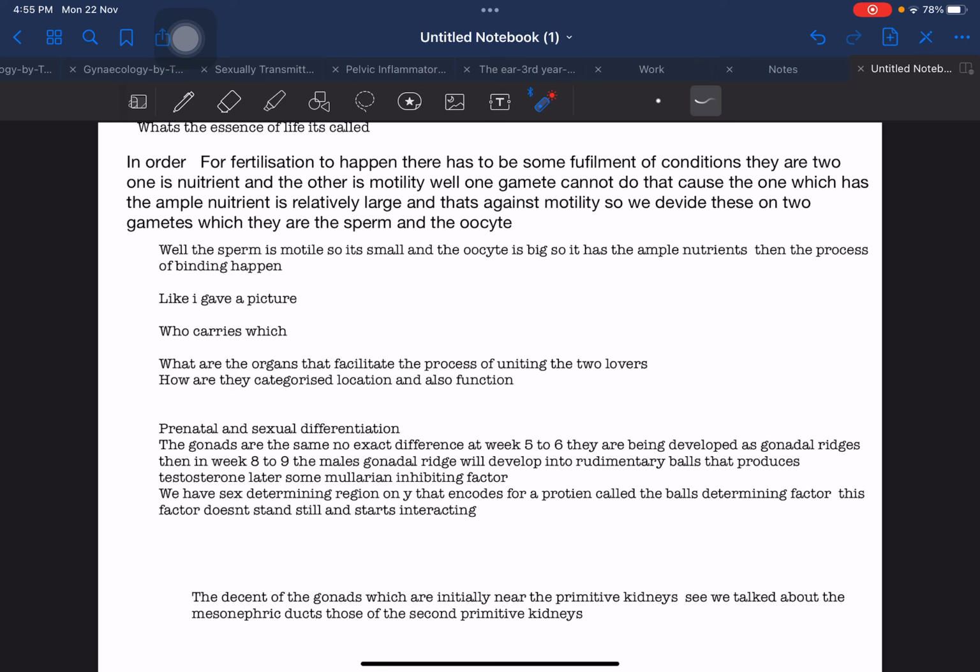This Mullerian inhibiting factor leads to the degeneration of the Mullerian duct. So, hell no, no formation of female genitalia in my body. You keep at bay. That's that.